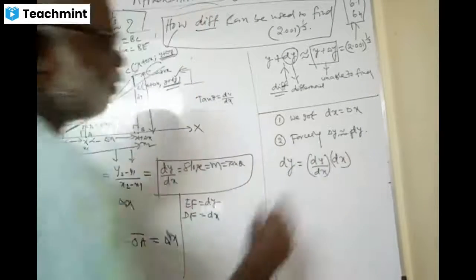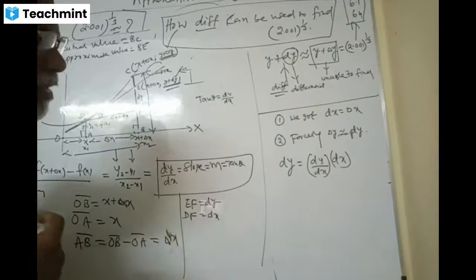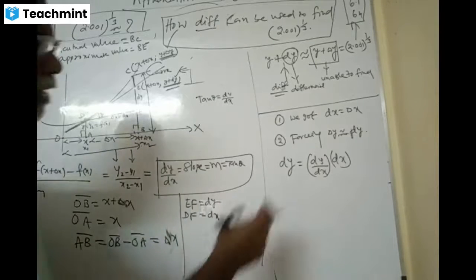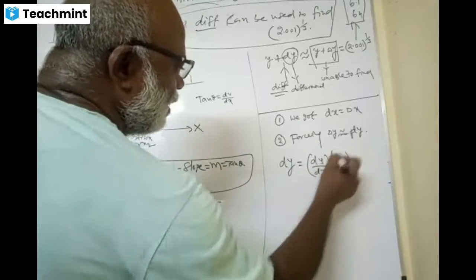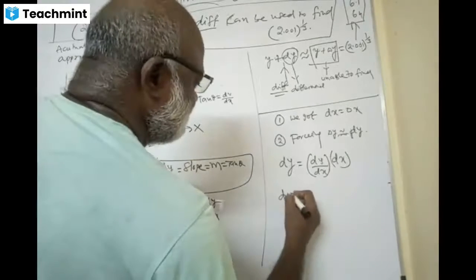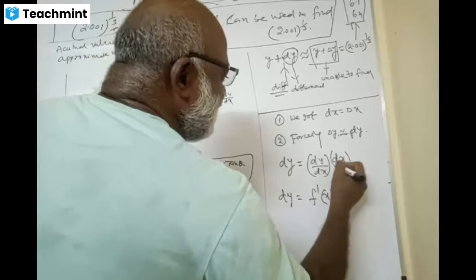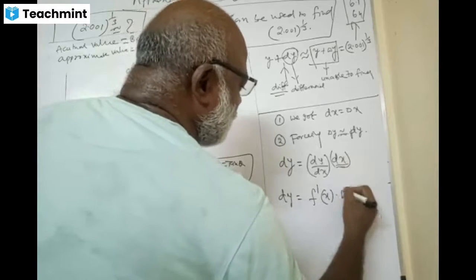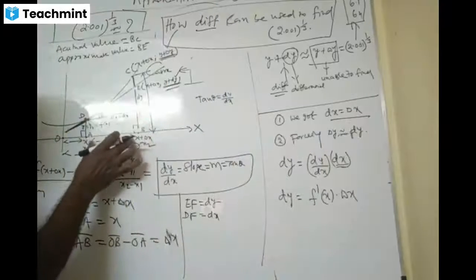Can I write it like this? Do you agree? Yes or no? dx is equal to delta x. Already we told, right? We have given it here. It's taken care of.